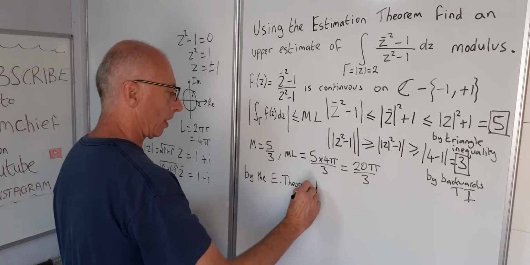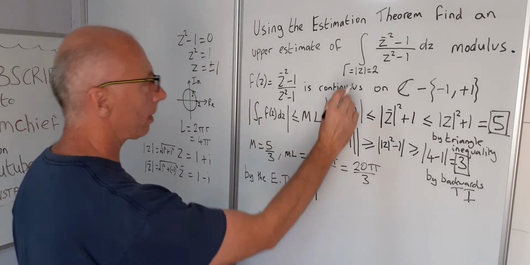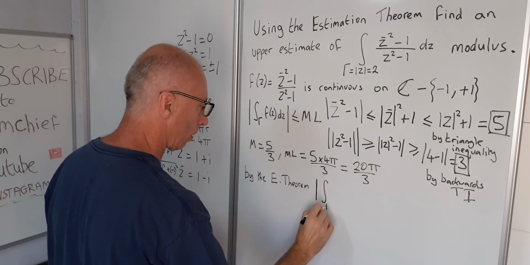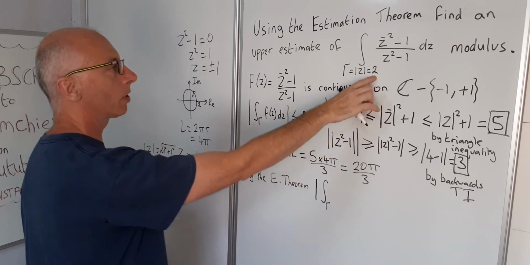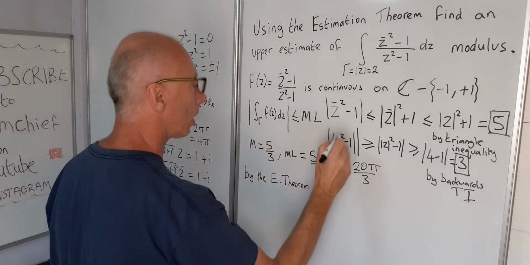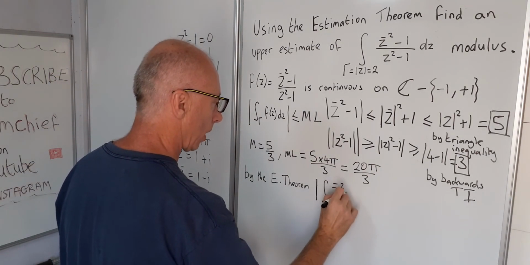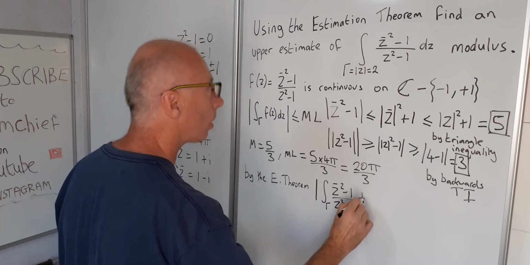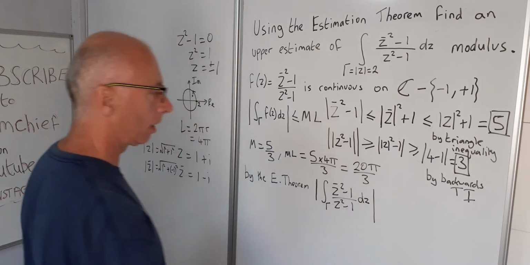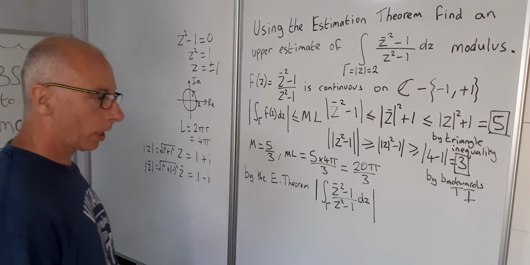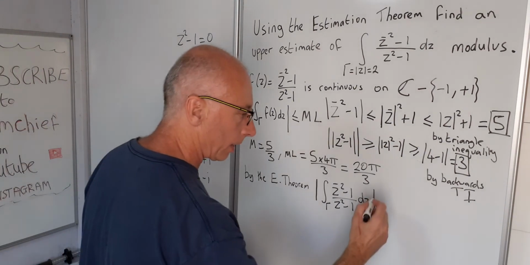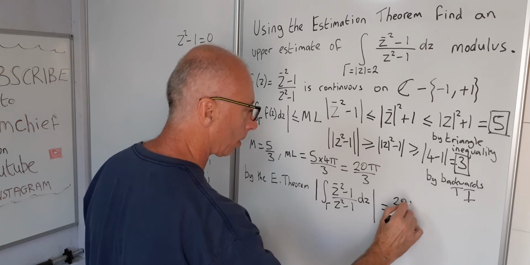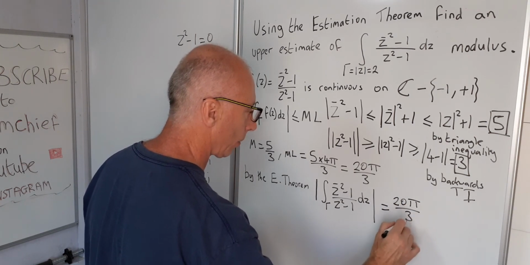We can say that the modulus, upper estimate that is, of this function here, so that's the integral over gamma, with gamma the modulus of z is 2, of conjugate of z squared minus 1 over z squared minus 1 with respect to z, is less than or equal to 20 pi over 3.